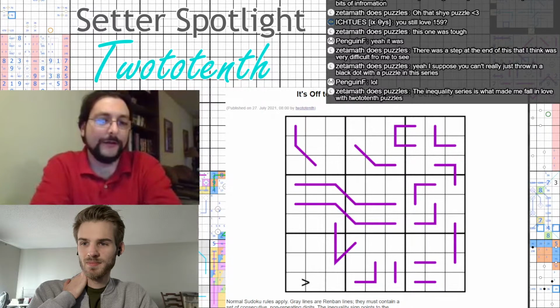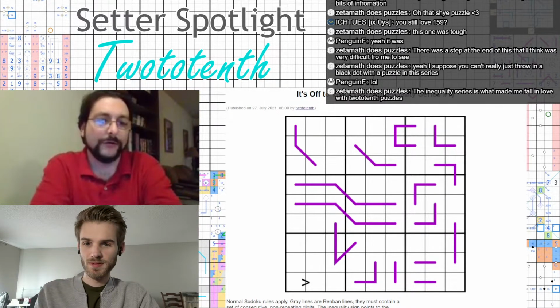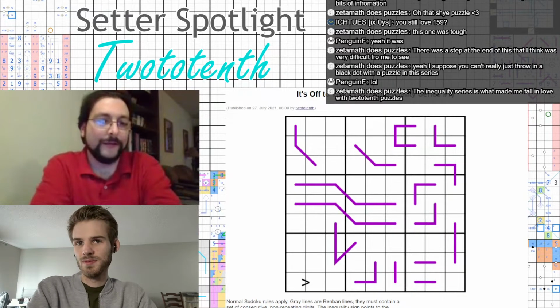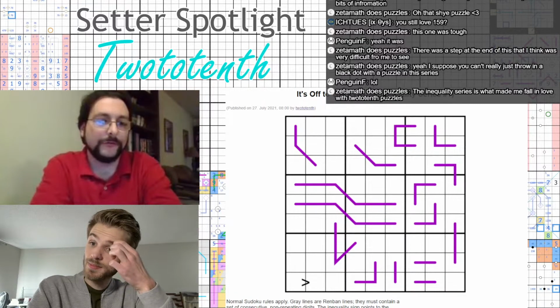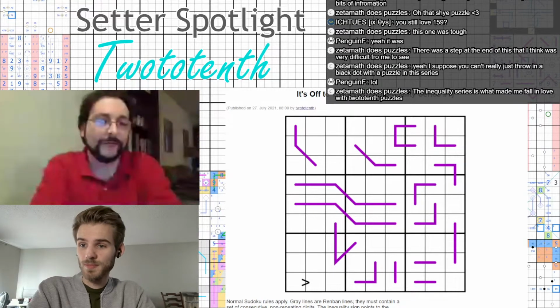It'd be easy enough to throw a given in here or put a killer cage or a black dot in. I wanted to define all 81 cells as bi values apart from the fives, and then get the inequality in the end to finish it off, and that makes you stretch the logic as far as it can go.